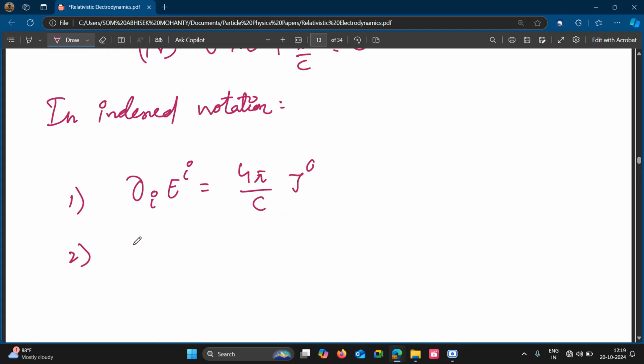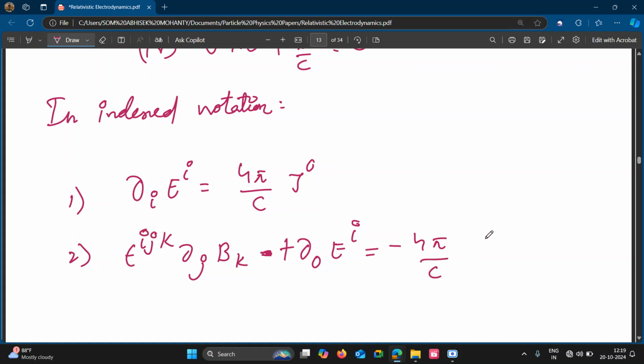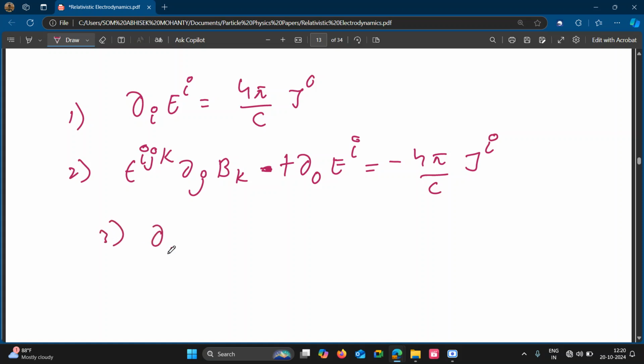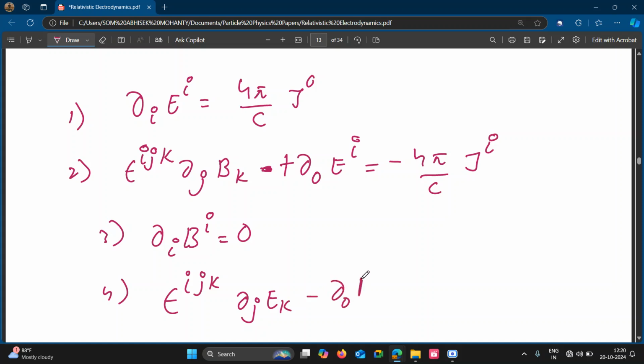Next is epsilon_ijk del_j B_k plus del_0 E_i is equal to minus 4 pi by c J_i. Third equation, del_i B_i is simply 0. There are no sources here. And the final one is epsilon_ijk del_j E_k minus del_0 B_i is equal to 0. Again, same type of equations.